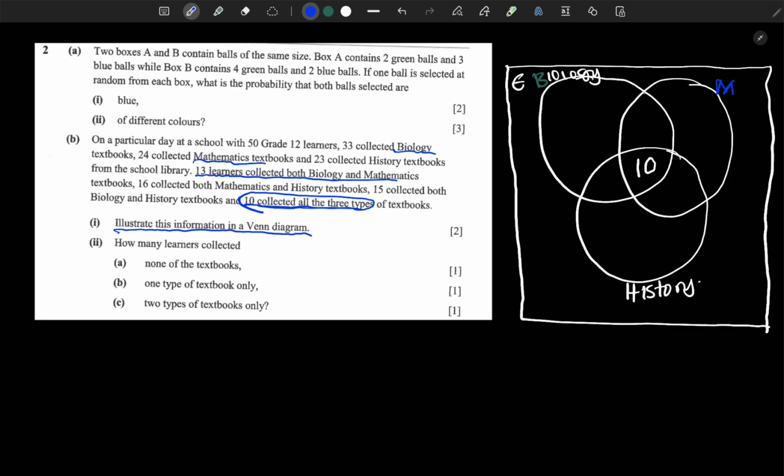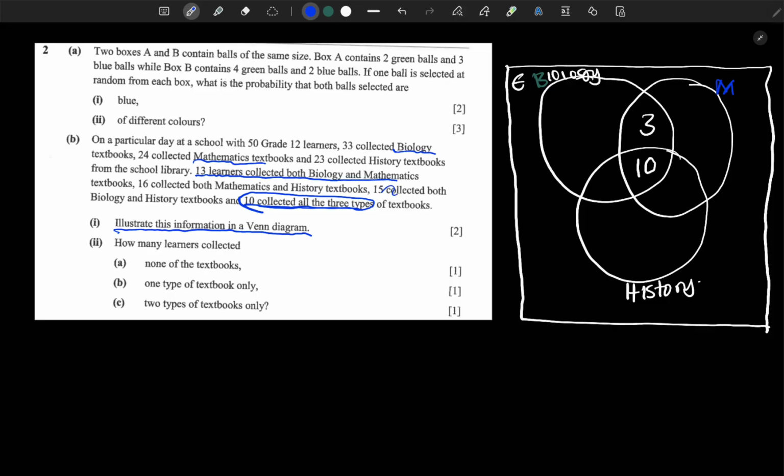Biology and mathematics is this region here, and we are told this region had 13. Now from 13 we have 10. The concept is simple: the intersection of the three must be subtracted from those that did two. So 13 minus 10, the number that you put here is 3.